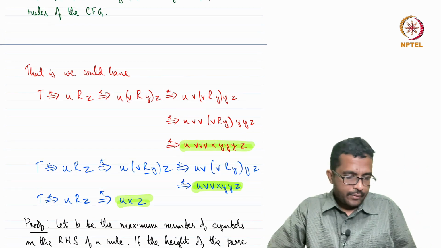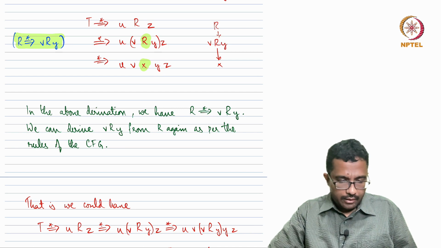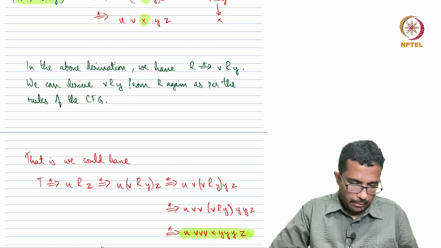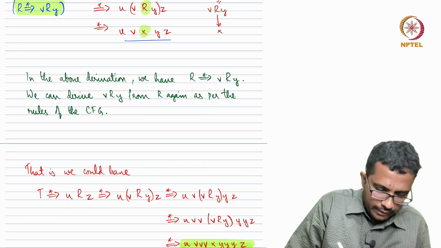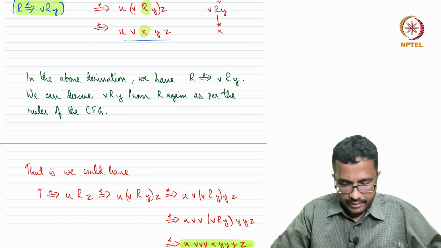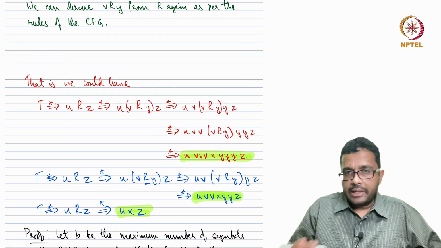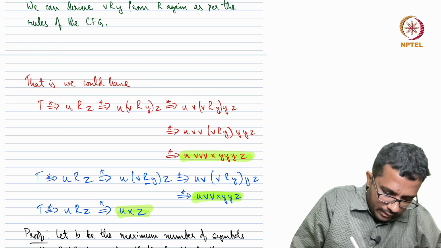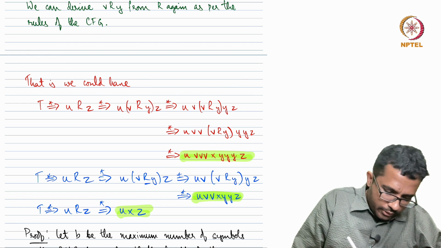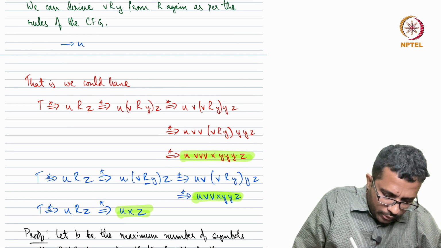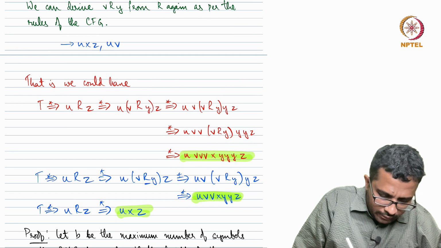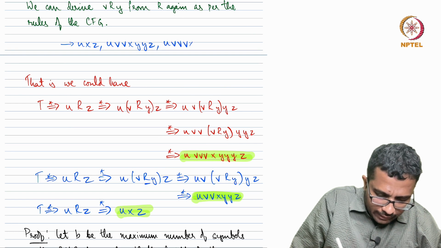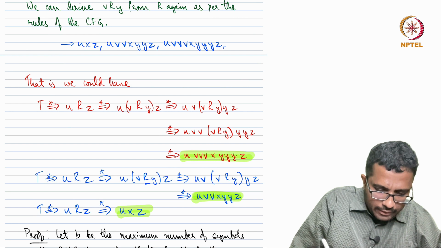So what we are saying is that if some R derives itself, I can repeat the parts V and Y in the original string. V and Y came up just once, but I could have them 2 times or 3 times or even 0 times. So the strings that we got here are UXZ, or UVVXYYZ, or UVVVXYYYZ, and so on.